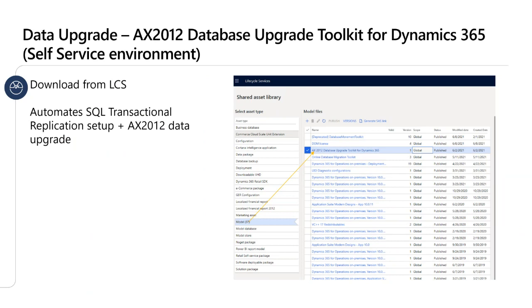It not only automates the SQL transaction replication, but also provides a new AX2012 data upgrade experience. This console application handles the entire upgrade story. You no longer have to go to LCS and apply the package. One of the key takeaways is that we are recommending customers use this new toolkit in the self-service environment for data upgrade.